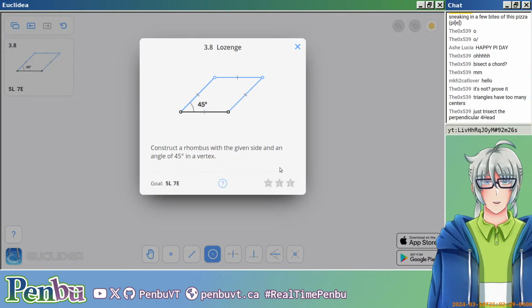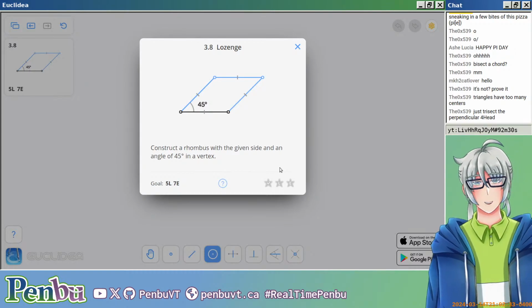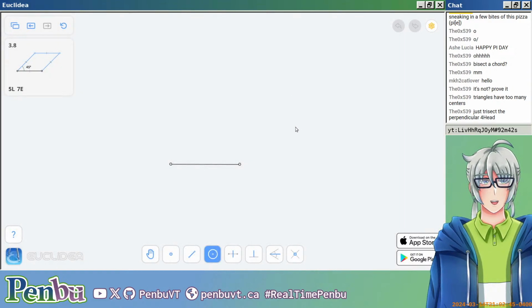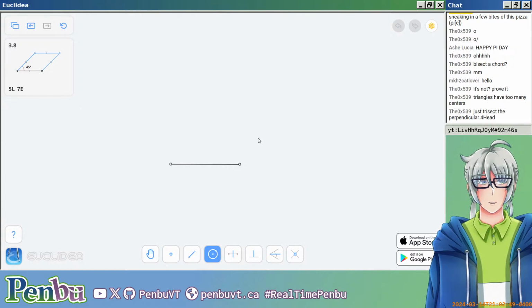Go to lozenge. Construct a rhombus with the given side and an angle of 45 degrees and a vertex. So we have a line segment, and we need to create the rhombus. So a rhombus has 4 equal sides, and the opposite angles are equal.